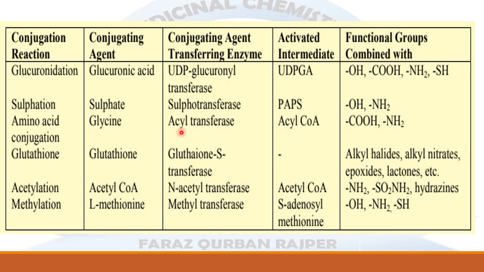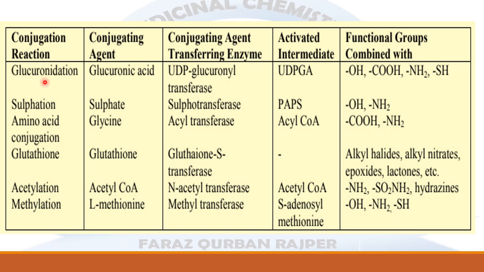let's check out the general overview of these reactions. This table shows all the different types of conjugation reactions, the conjugating agent, the enzyme responsible for the conjugation, the activated intermediate, and the functional group in which these conjugation reactions will occur.